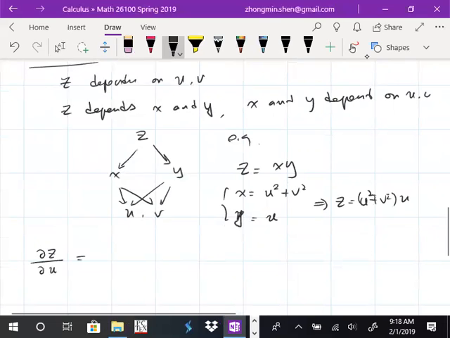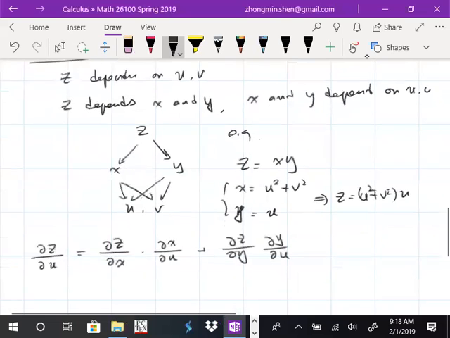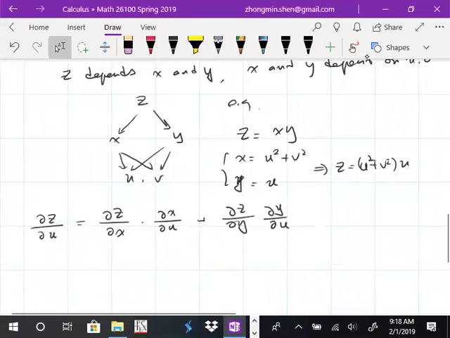But you can also use a chain rule. So you just differentiate z with respect to all the possible intermediate variables, x and y. But then when you differentiate with respect to x, don't forget you have to differentiate that variable with respect to u.